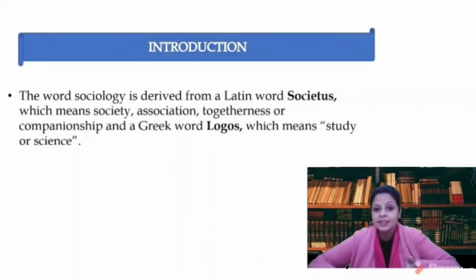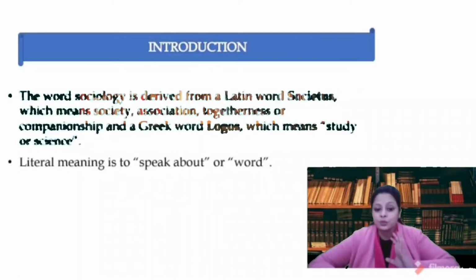And what is science? That which has its own body of knowledge. Because sociology had its own body of knowledge, that is why we call it a science. Other things I'll explain as our story goes on, but till here you should know that Auguste Comte was behind it, and it is derived from a Latin word. Now, the literal meaning of sociology is to speak about a word.